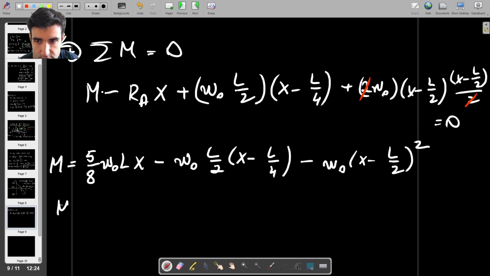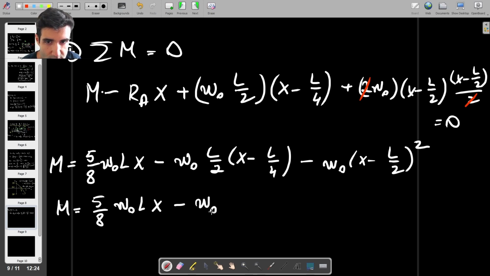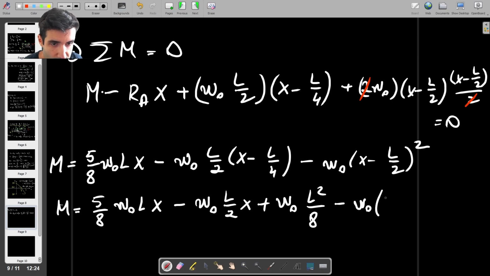At this point, I would actually try to expand some brackets. So this is minus W naught L over 2 x plus W naught L squared over 8. And then minus W naught, and this bracket will become x squared minus x times L plus L squared over 4.